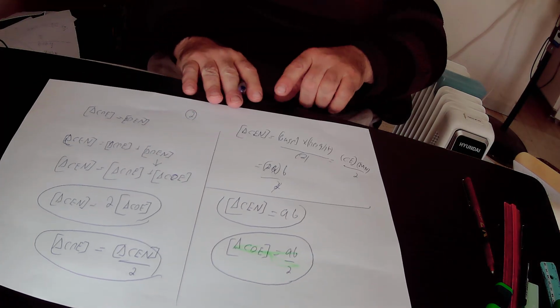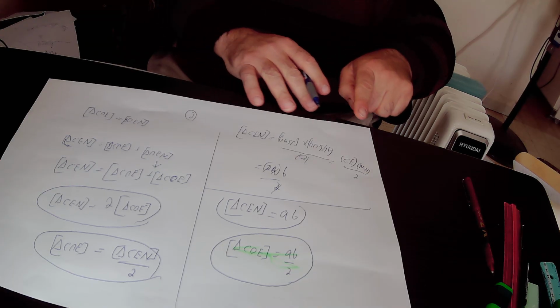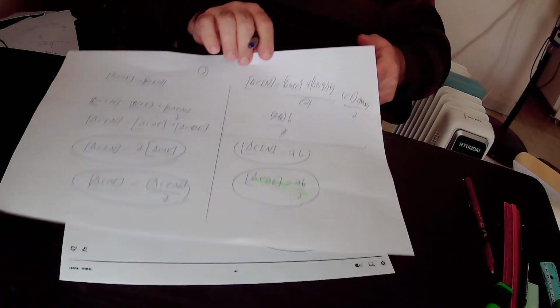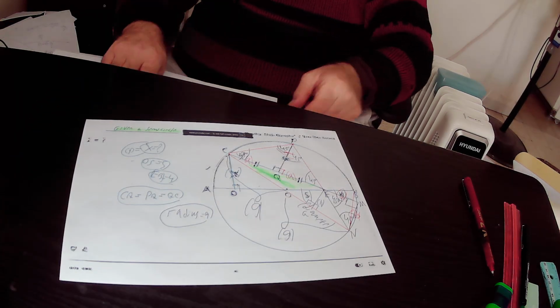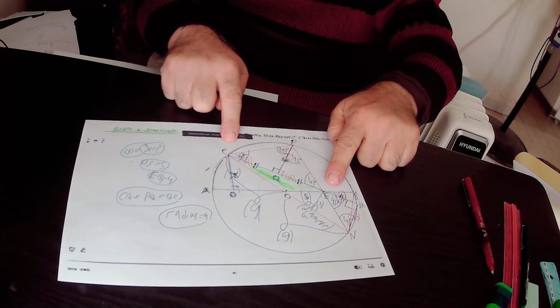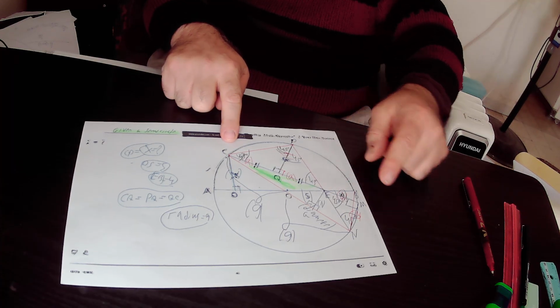So in total, we found out that the area of the big triangle CEN equals the base CE times the height MN over 2. CE in total equals CQ, that is A, plus QE, that is A. So CE in total equals A plus A, that is 2A, times the height MN.